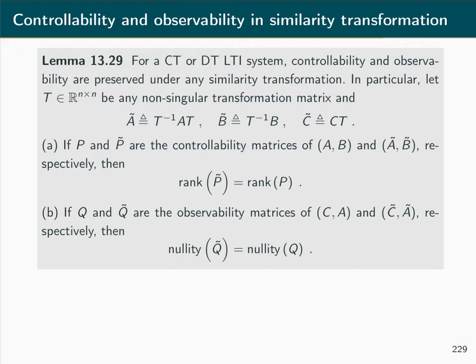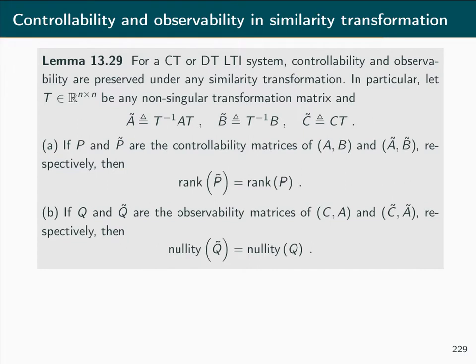More specifically, the lemma states that the pair (A, B) is controllable if and only if the pair (A tilde, B tilde) is controllable, and the pair (C, A) is observable if and only if the pair (C tilde, A tilde) is observable. In the lemma, this is expressed by two facts.